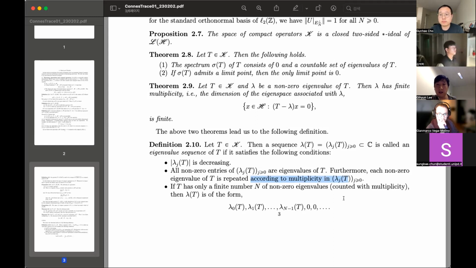If there is only a finite number n of non-zero eigenvalues, then we define the eigenvalue sequence of T in this way: we put all the non-zero eigenvalues in the first n entries of this sequence according to this order.